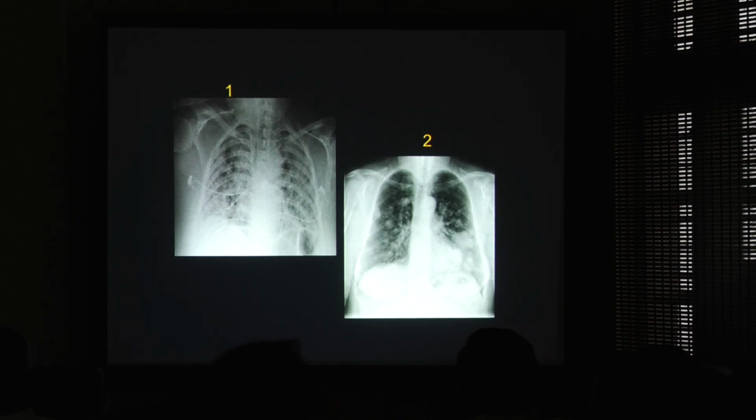Now, these two patients are COVID positive. This is a typical florid COVID case with the ground glass densities. And the second case also was COVID positive. But if you look at the image, we are seeing well-defined nodular lesions which are more towards the lower zone.